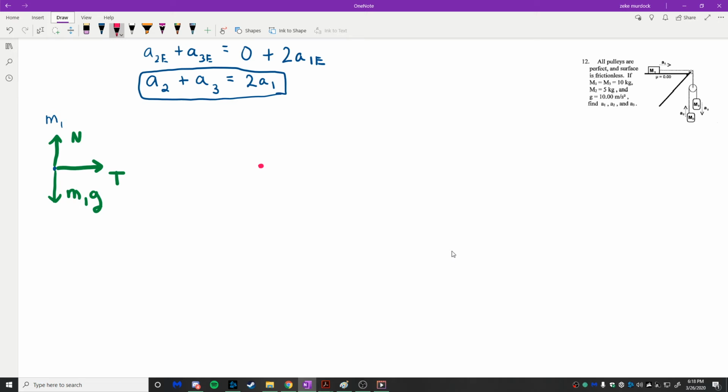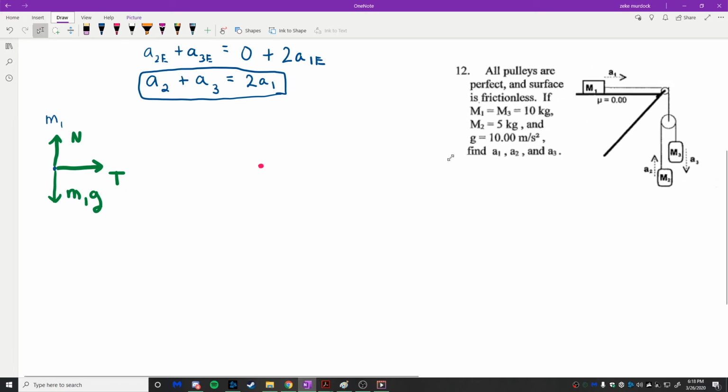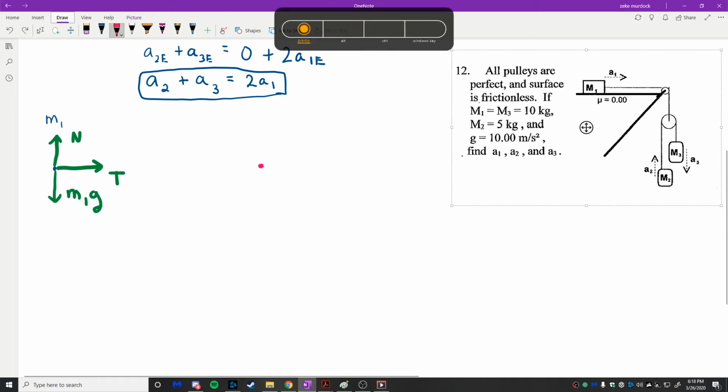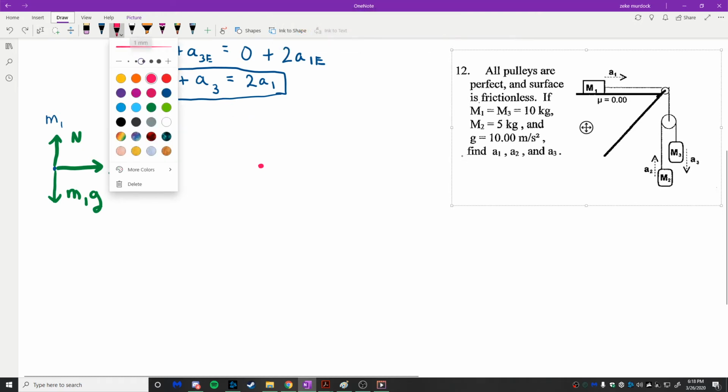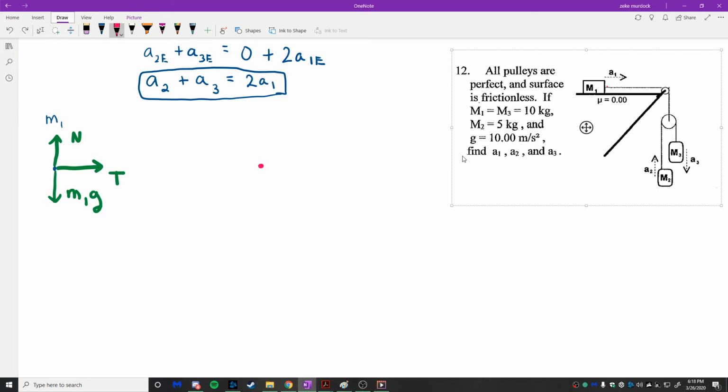Actually, maybe we do the pulley too. Let's look at the pulley over here, and we'll use slightly smaller ink for this. If I call the tension in this rope right here T, that means the tension here is T. And the tension right here would be T2, right?